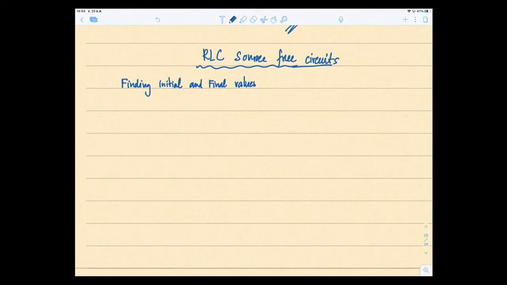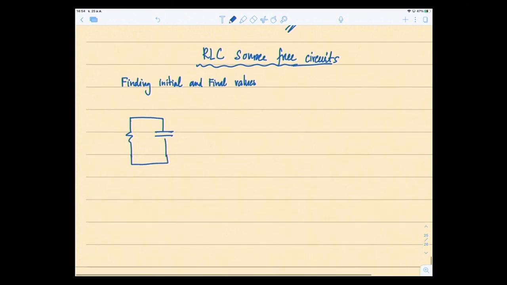So the question is, I have a problem here, the circuit. There's a switch closed at t equal to 0.